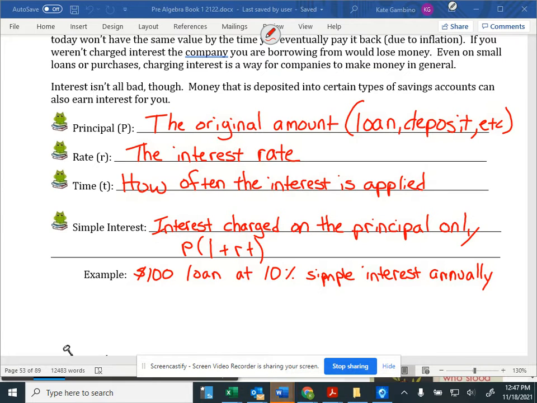So we want to find out how long it would take or how much money we're going to be charged over time. So we can make a table for this. We can say we've got the year and then we have your balance, how much you owe.